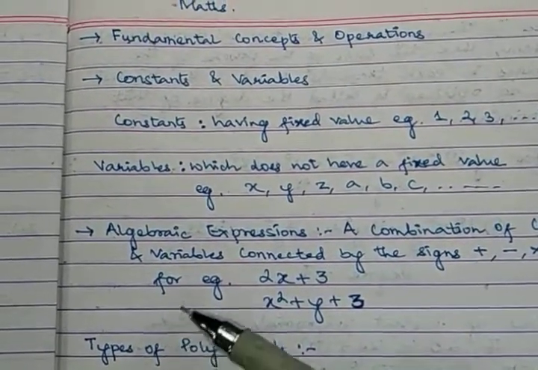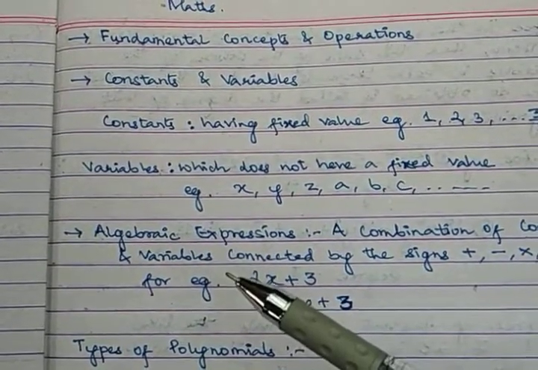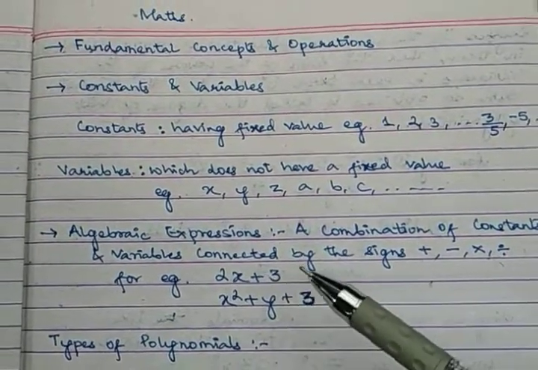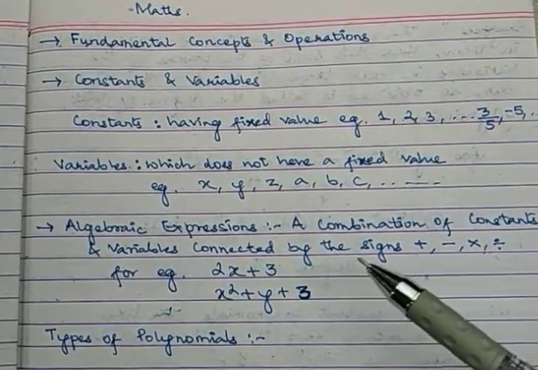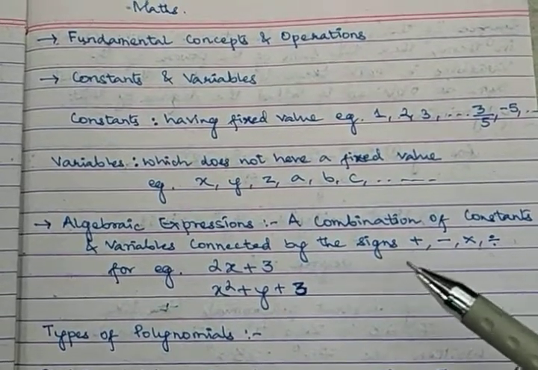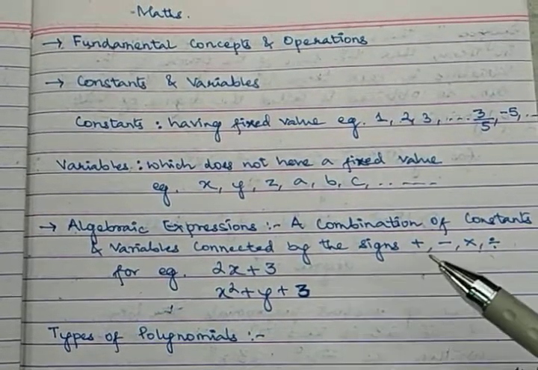The next topic is the algebraic expression. What does an algebraic expression mean? An algebraic expression is a combination of constants and variables connected by the signs plus, minus, multiply or divide.